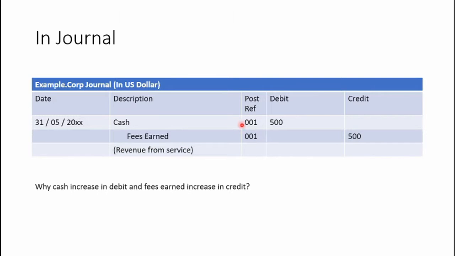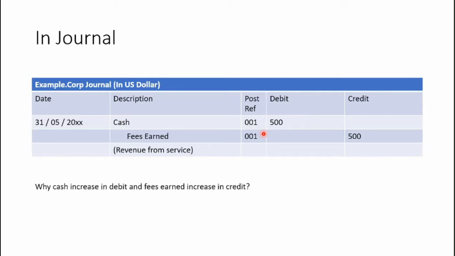And in this column we have postref, which means posting reference. So in this column we usually record the journal number. So because this is our first journal in this case, or for this example, we record it as 001 because this is the first journal.